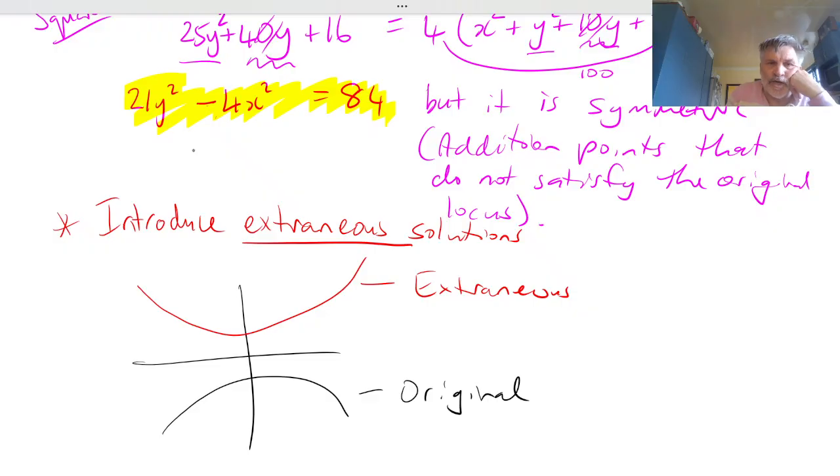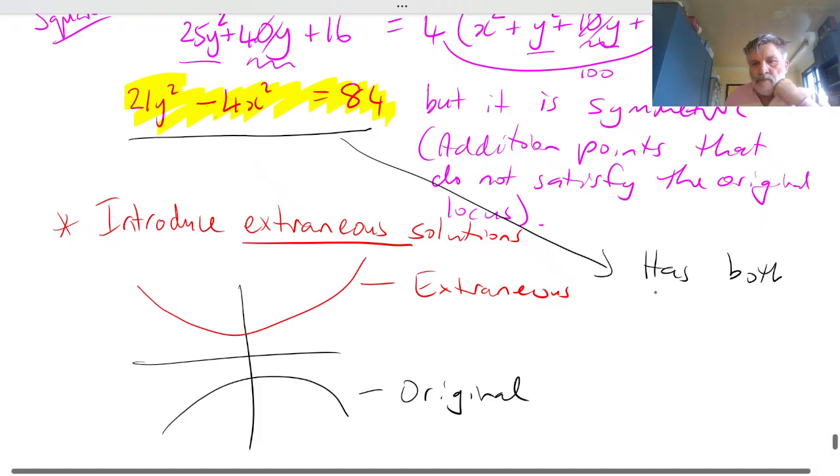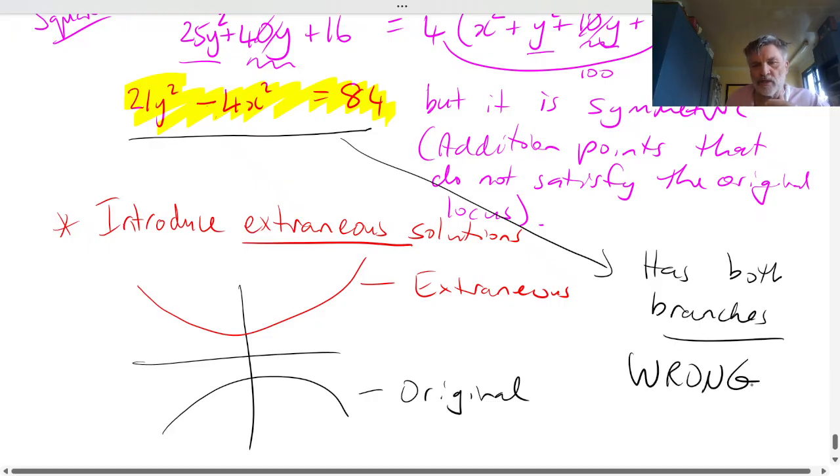But this equation has both branches, and therefore I say it's wrong.